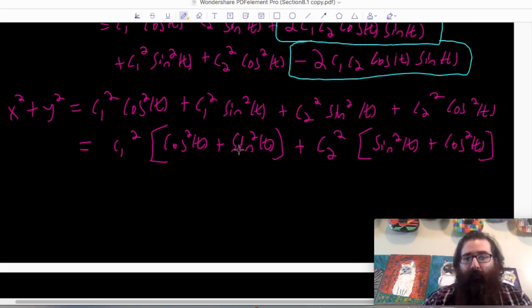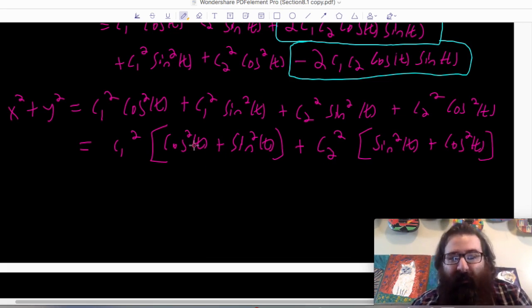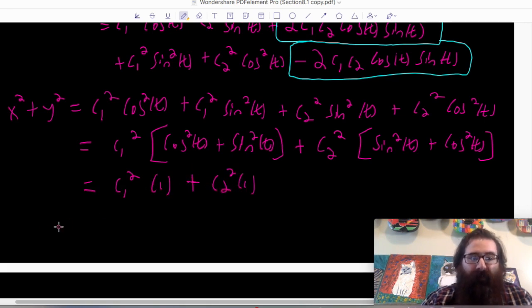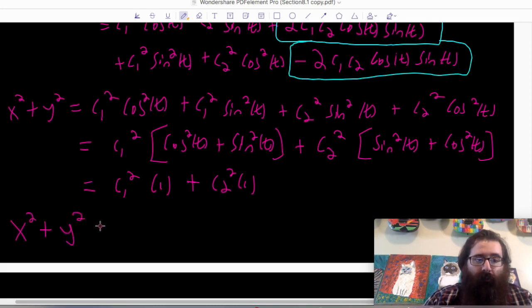We see inside the parentheses, that's just our favorite identity, right? That gives us 1, sine squared plus cosine squared of the same argument. So c sub 1 squared times 1 plus c sub 2 squared times 1. And so here we get x squared plus y squared equals c sub 1 squared plus c sub 2 squared.